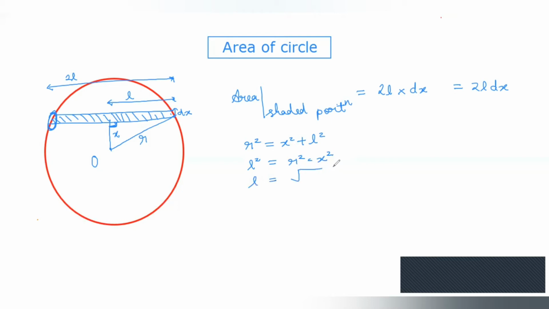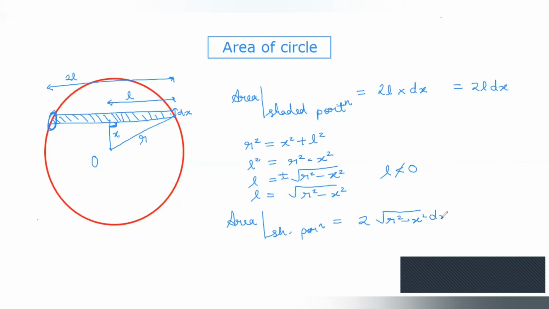Since L can't be negative, L will be equal to under root R square minus x square. Now what is the area of the shaded portion? It becomes twice of under root R square minus x square dx.